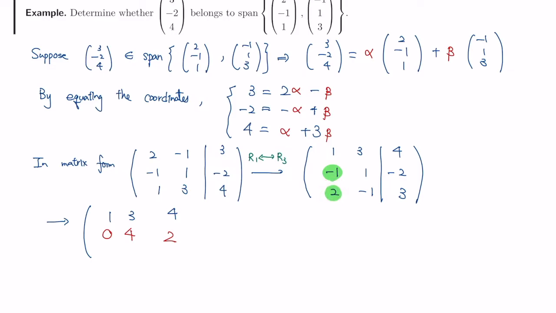I'm going to multiply the first row by -2 and then add it to 2, then I get 0. But I need to multiply the entire row by -2. So the entry 3 becomes -6, added to -1 gives -7. And finally, 4 times -2 is -8, added to 3 gives -5.